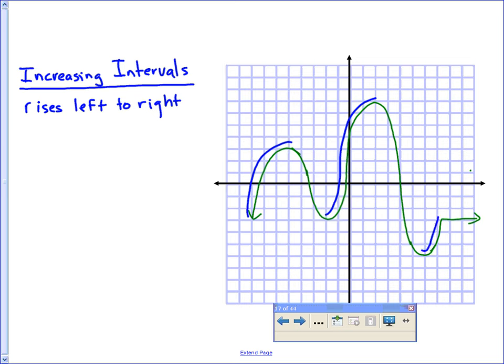Now, the reason we found those points of inflection first is because we're going to use those points of inflection to talk about these intervals. We're going to need them. We identified A, B, C, and D in the last part, and now we're going to use that to talk about our intervals of concave up and concave down.